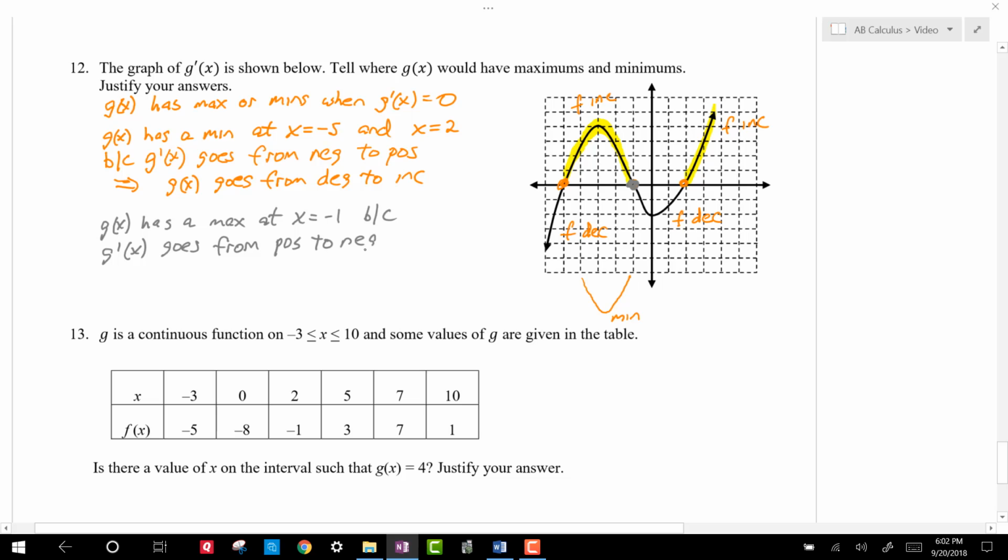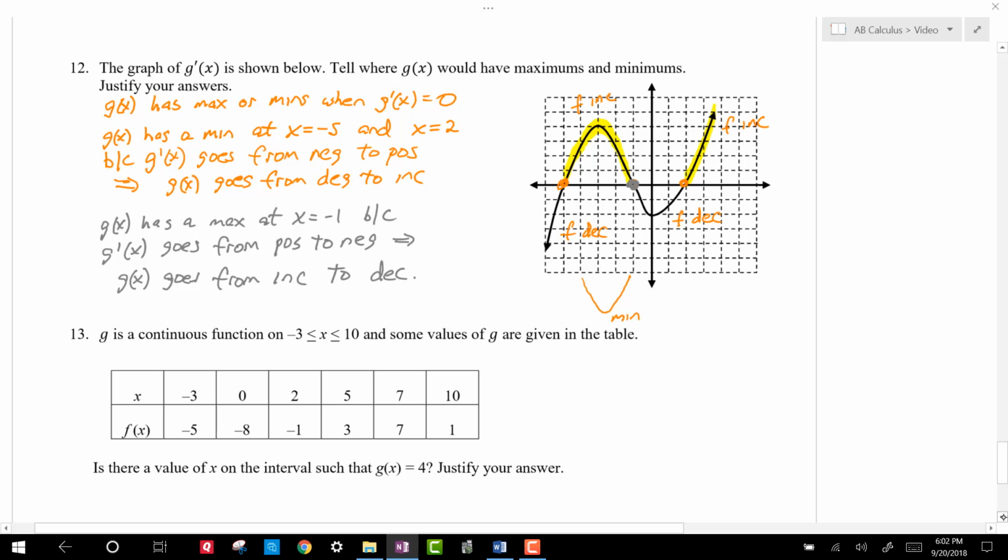So my derivative is above at the left side of -1 and below on the right side. So g prime goes from positive to negative, which implies that g of x goes from increasing to decreasing. All right?